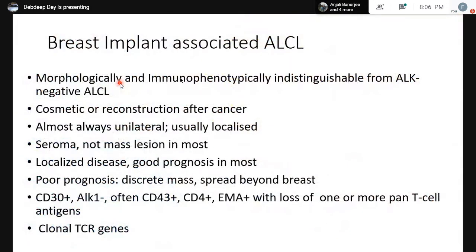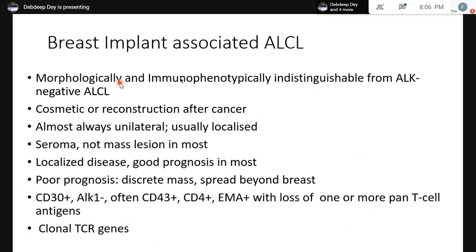So this is an ALK negative ALCL, and this is a provisional entity which is called the breast implant associated ALCL. It can occur after cosmetic surgery or reconstruction after cancer, and it is almost always unilateral. It mainly presents as a seroma and not a mass lesion in most. It has a very good prognosis if it's localized disease, but if it forms a mass or spreads beyond the breast tissue, it has a poor prognosis.